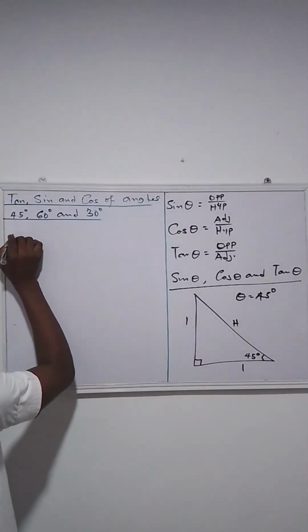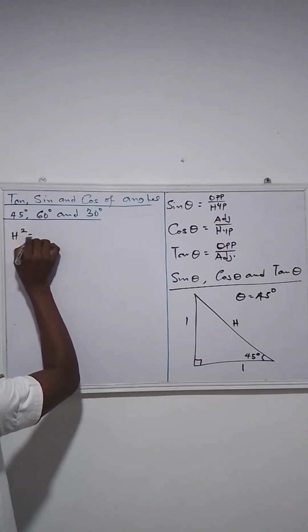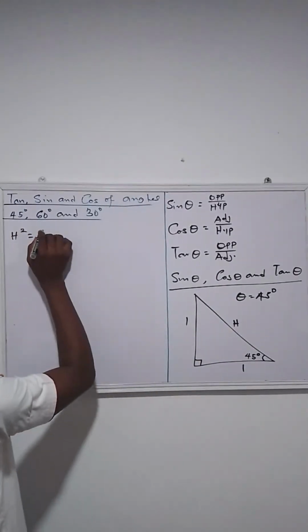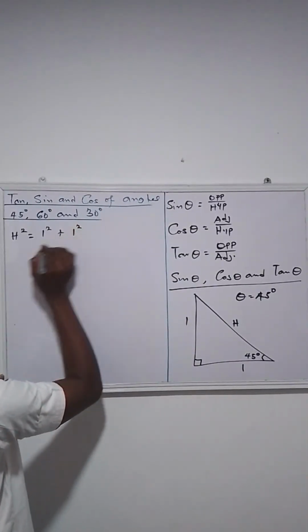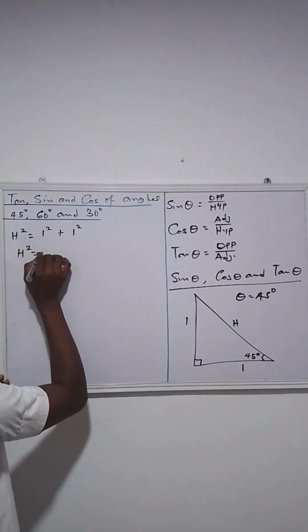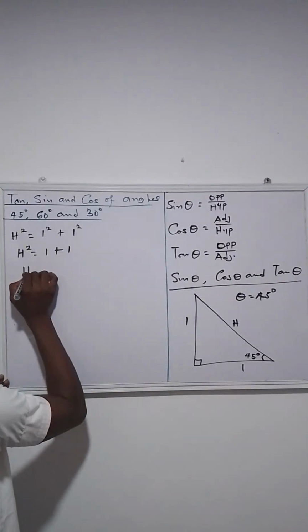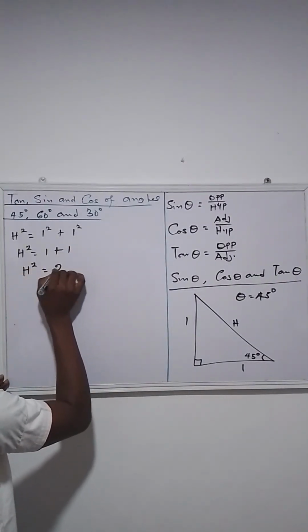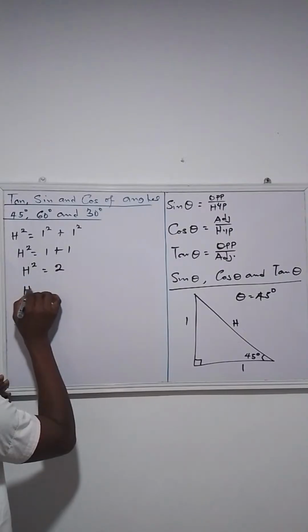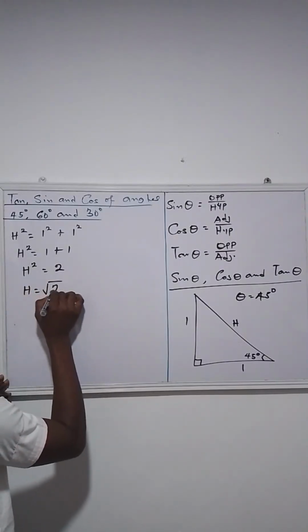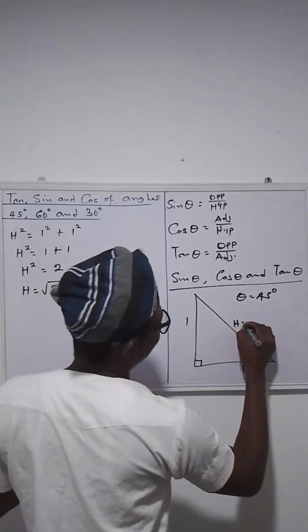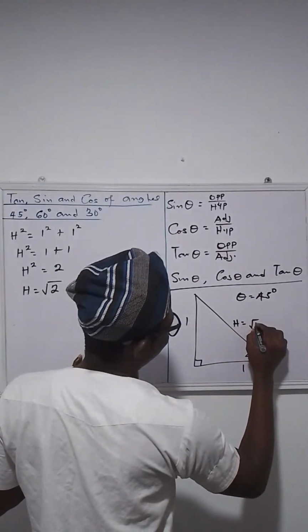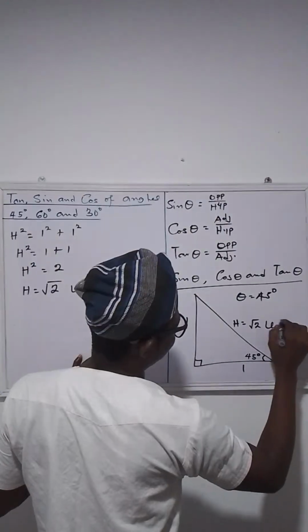So we have h squared, the hypotenuse square, equals opposite square, 1 squared, plus adjacent square, that's 1 squared. So hypotenuse squared equals 1 plus 1, which equals 2, and the hypotenuse is going to be square root of 2 units.